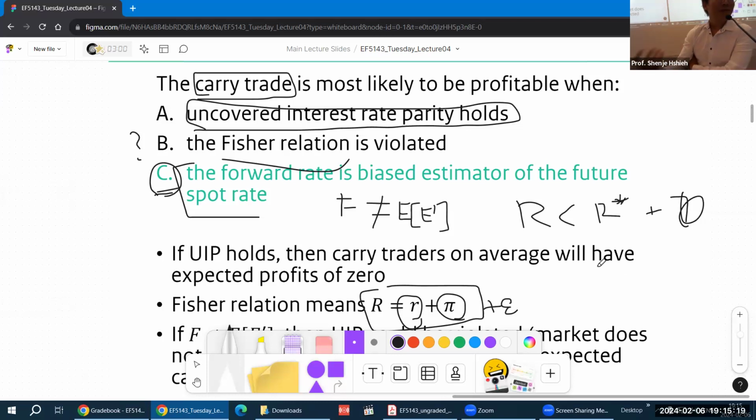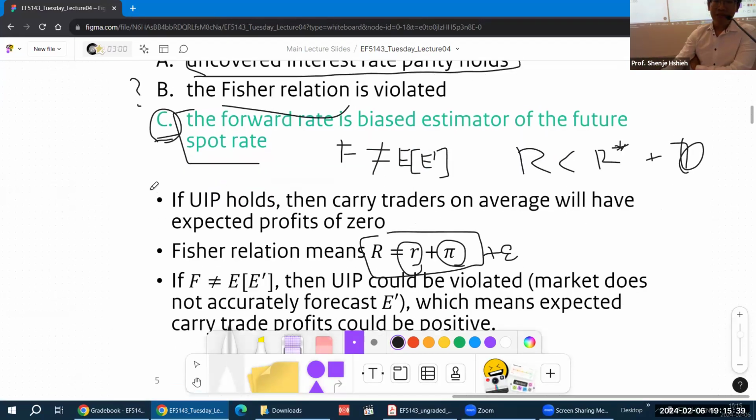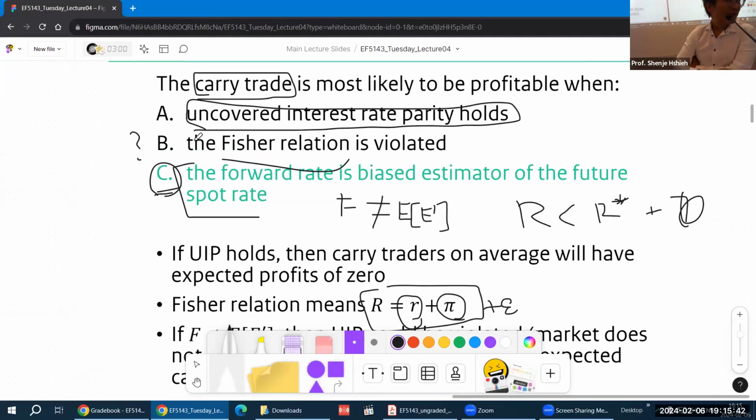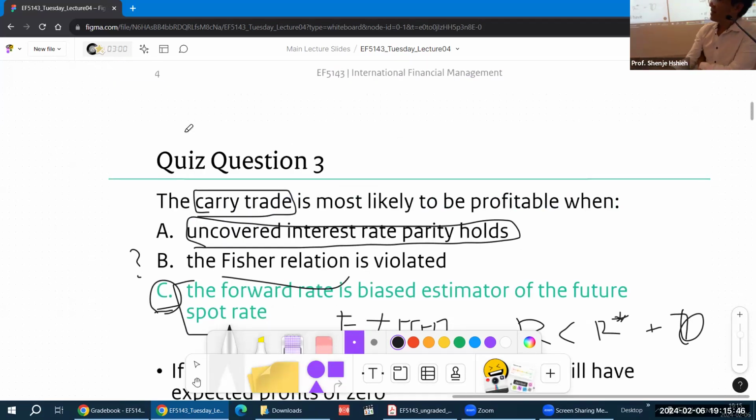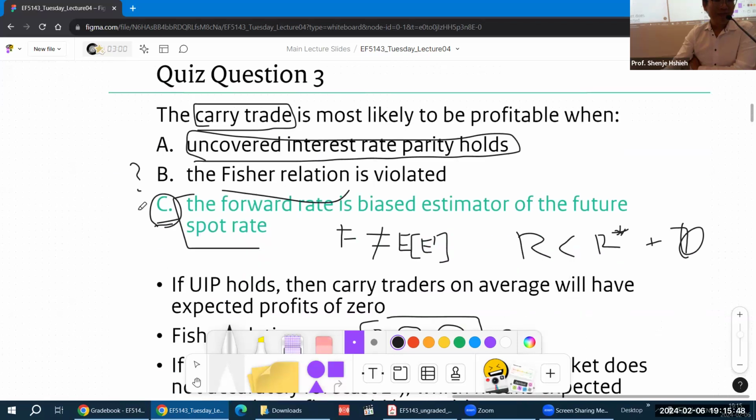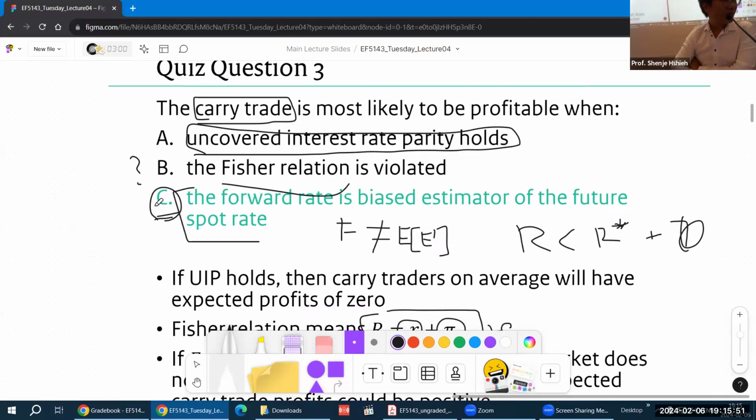In which case, perhaps banks that are more risk tolerant may make some money, on average. It's possible. So given the more direct, explicit implication of C, I think C is a better answer than B. This is pulled from a CFA textbook, and I think this is the better answer too.